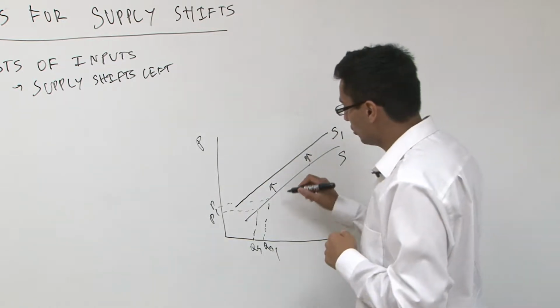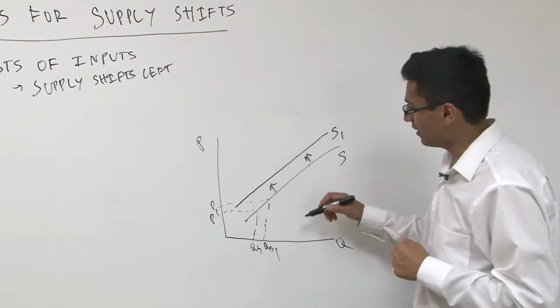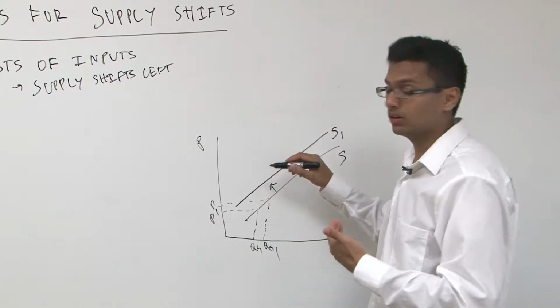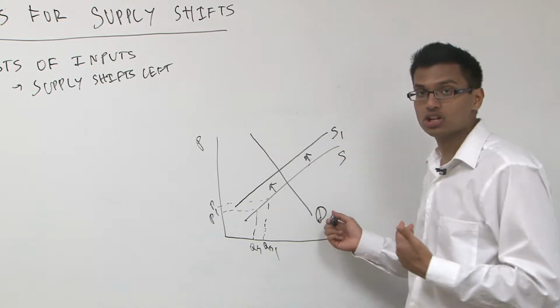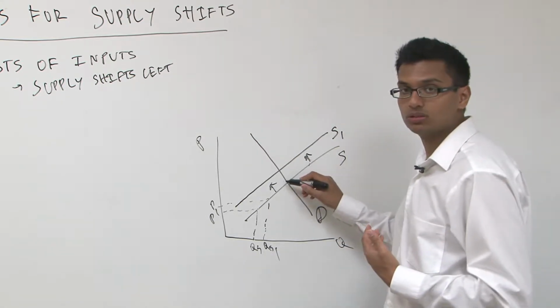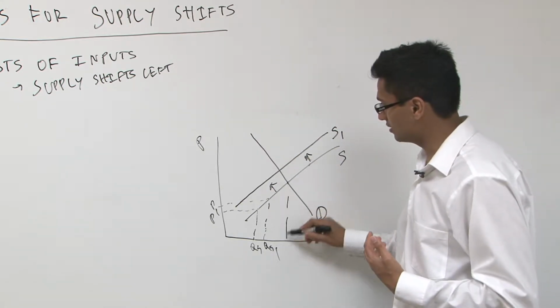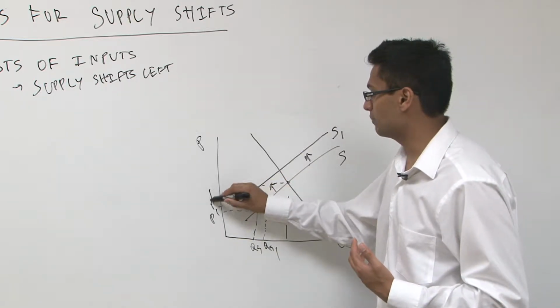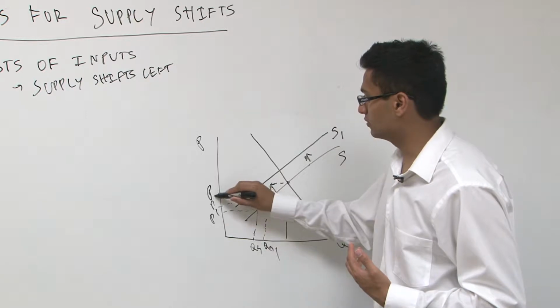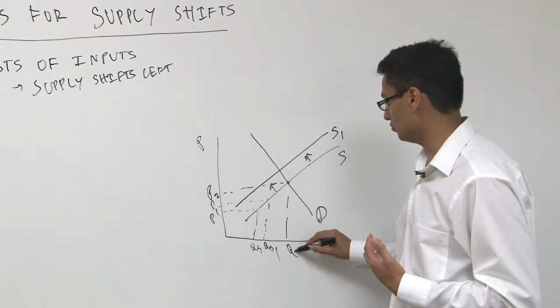So with the new supply, and say the demand hasn't changed at all, let's say this was the previous equilibrium. This is my price P2 and Q2.